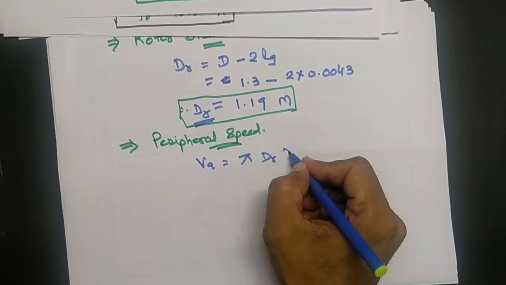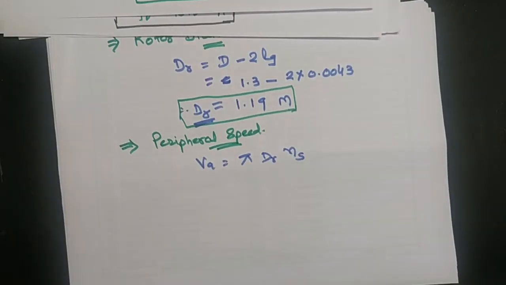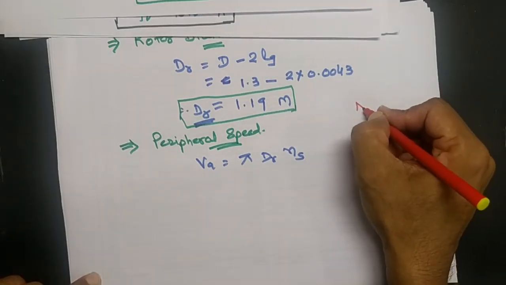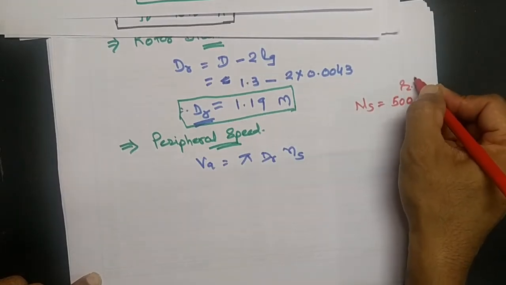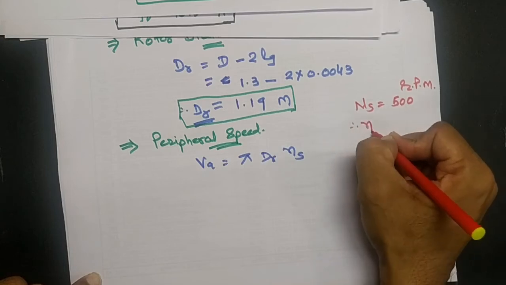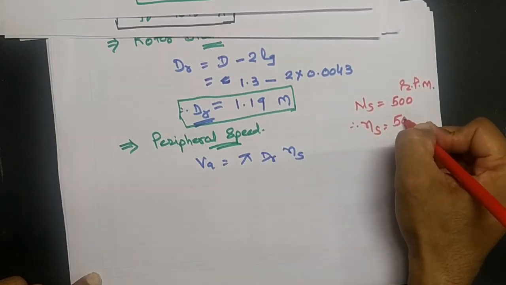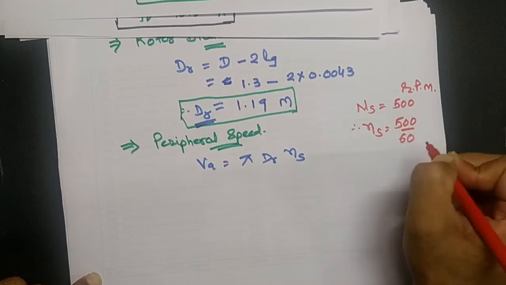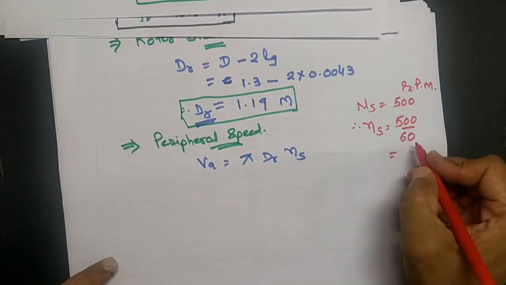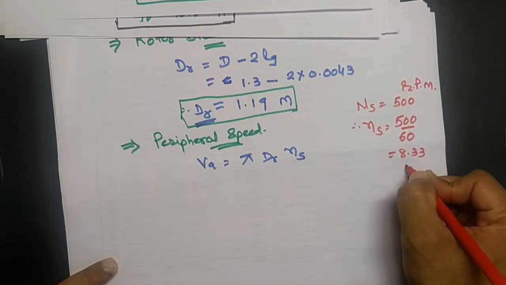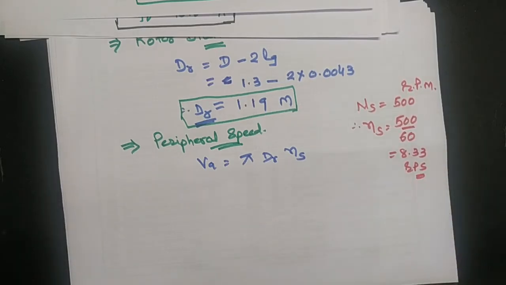The synchronous speed in rps: given 500 rpm, so the synchronous speed is 500 divided by 60, which comes to 8.33 rps, revolutions per second.